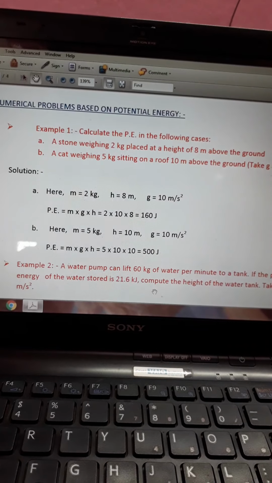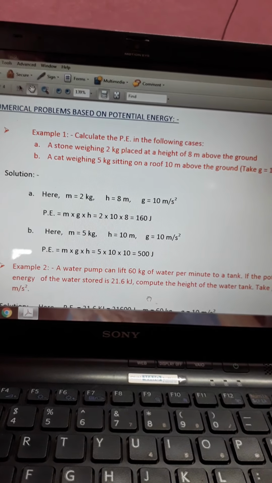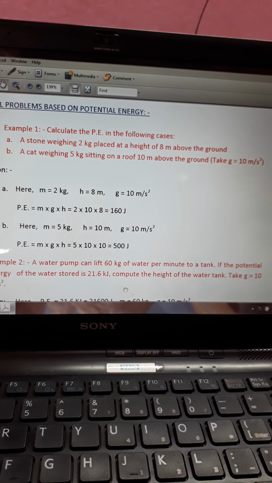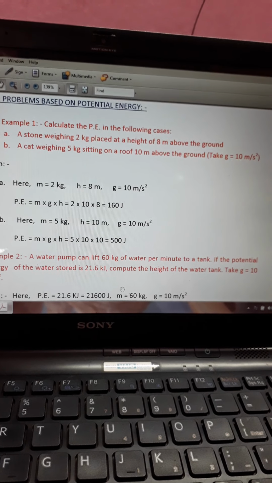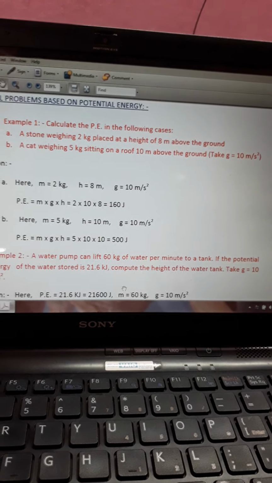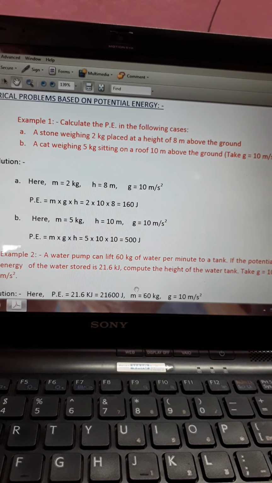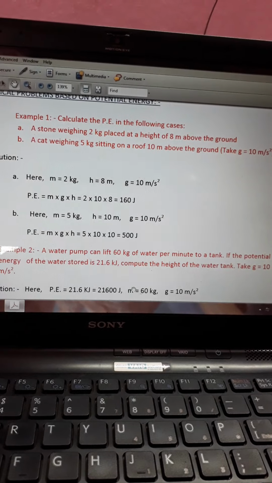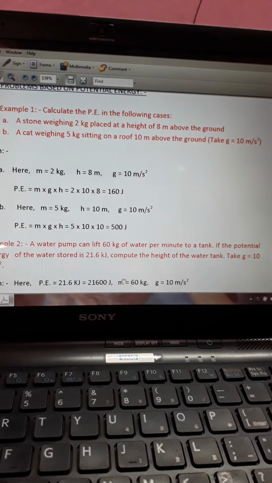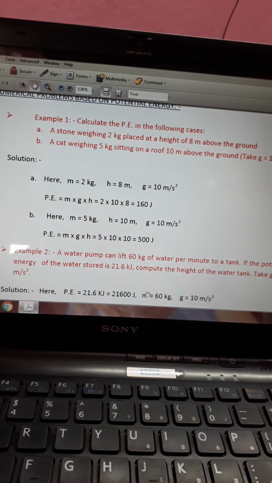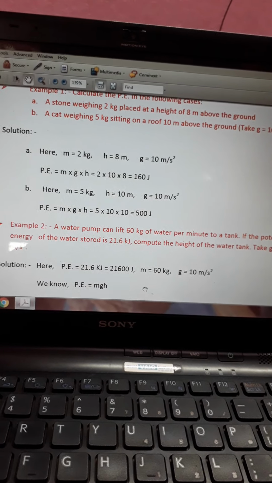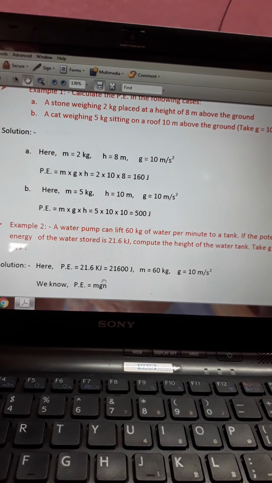See the next problem. A water pump can lift 60 kg of water per minute to a tank. If the potential energy of the water storage is 21.6 kilojoule, compute the height of the water tank. Take g equal to 10 meter per second square. So potential energy is given, 21.6 kilojoule.